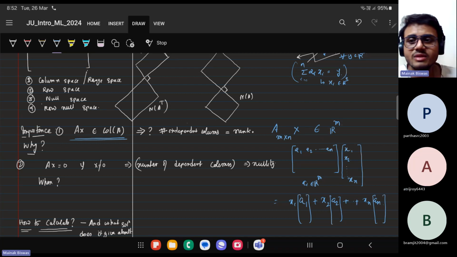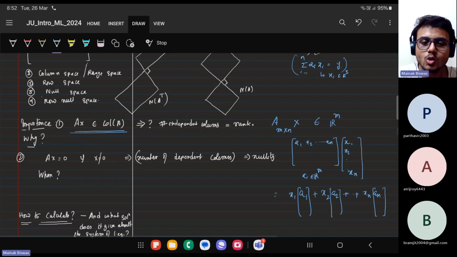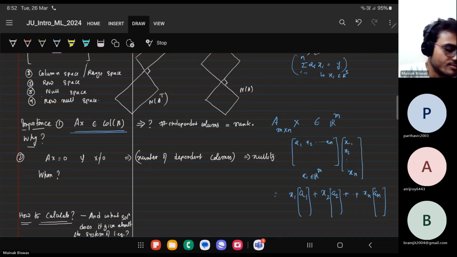Okay. So what does this mean? What does a vector matrix multiplication do? When I multiply x to A, where does it project to? To the span of the columns of the matrix.